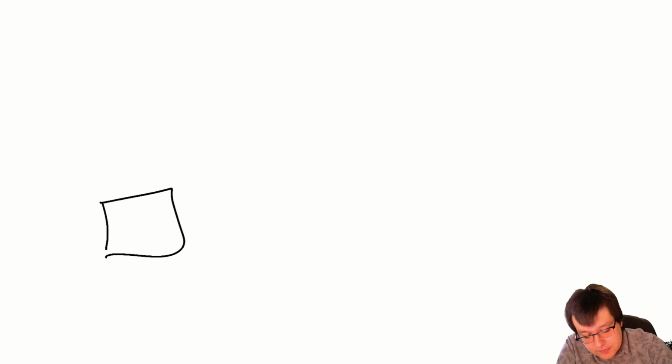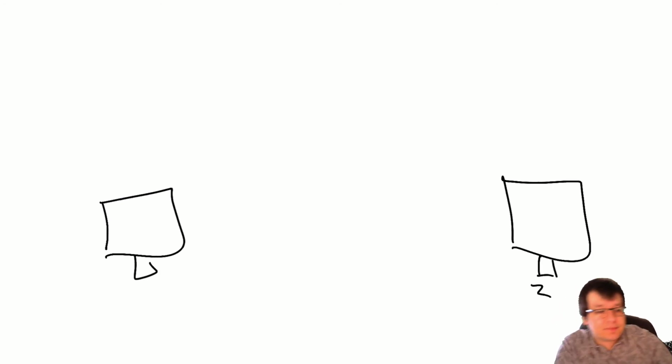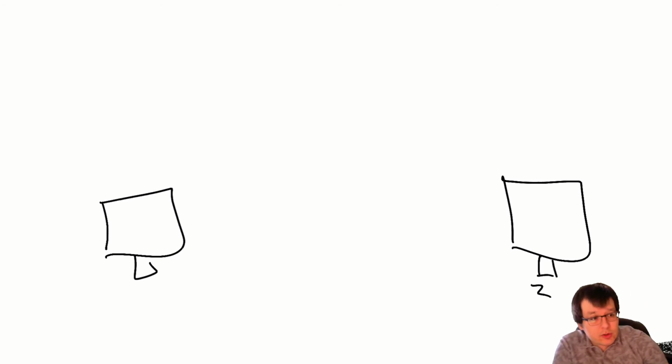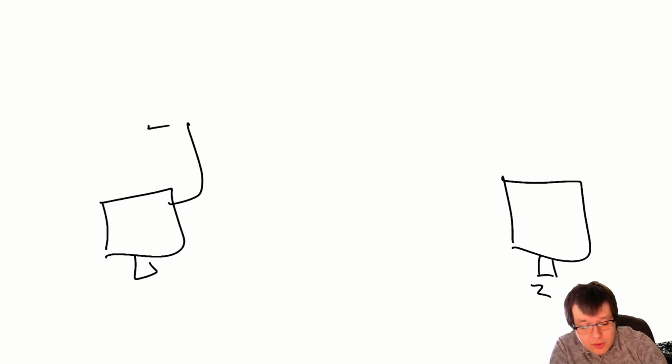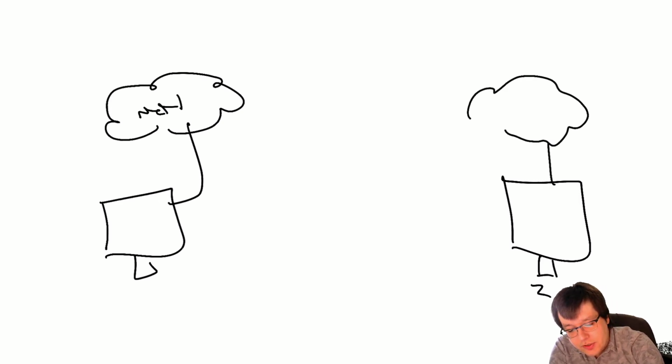So a complete way of how this framing works is if you have two computers, computer 1 and computer 2, and let's say they want to communicate. Computer 1 is connected to network 1, and computer 2 is connected to network 2.